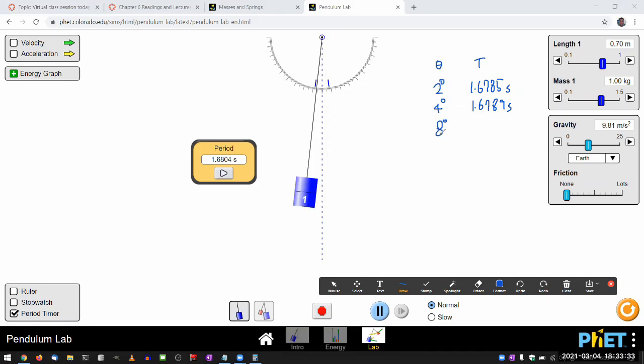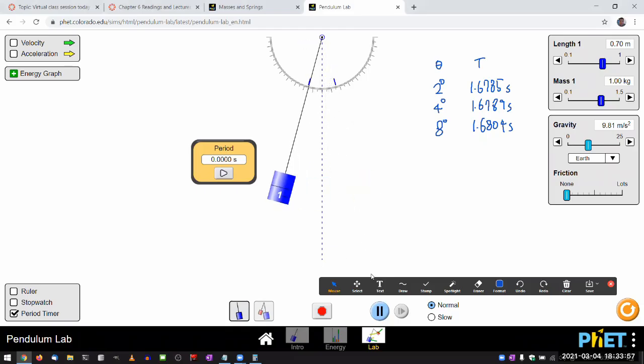Between 2 and 8 degrees, the amplitude changed by a factor of 4, but the period barely budged, by about 1.5 or 2 milliseconds. It's practically unmeasurable, except that I have a very good simulation. Let me try setting this at 16 degrees.